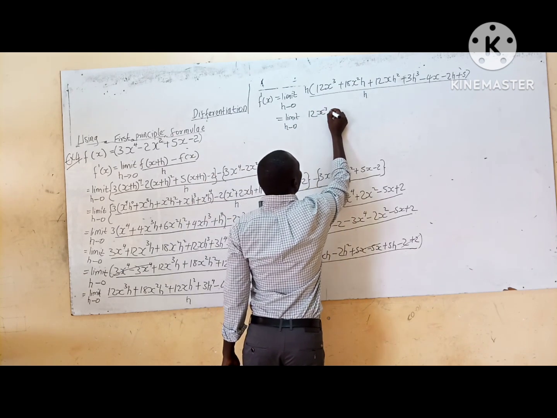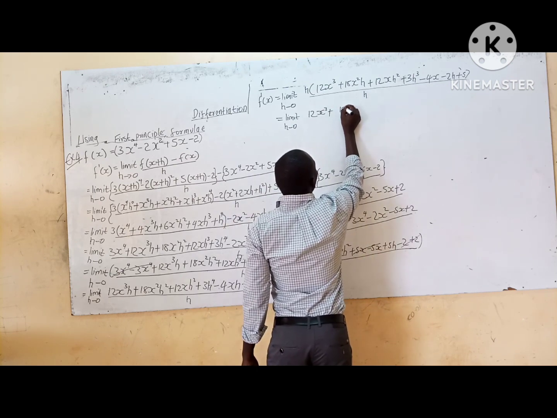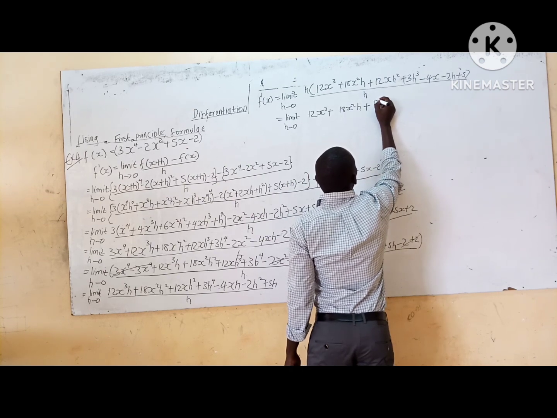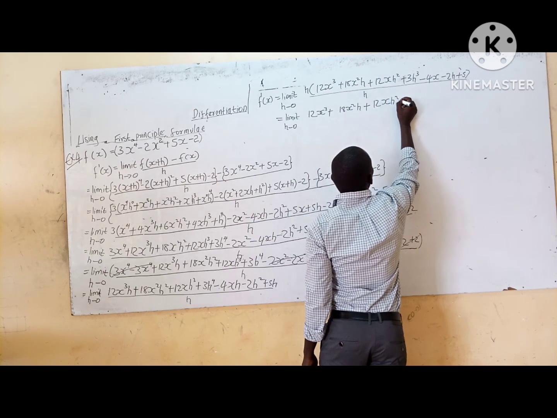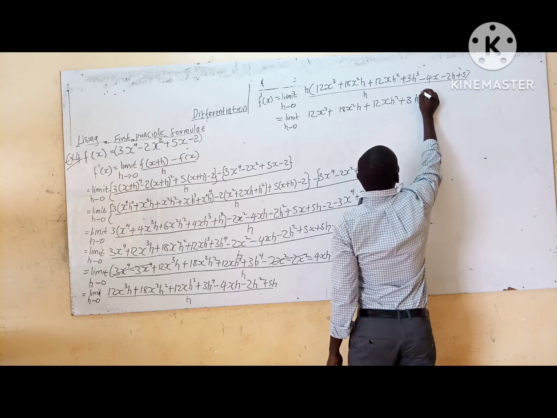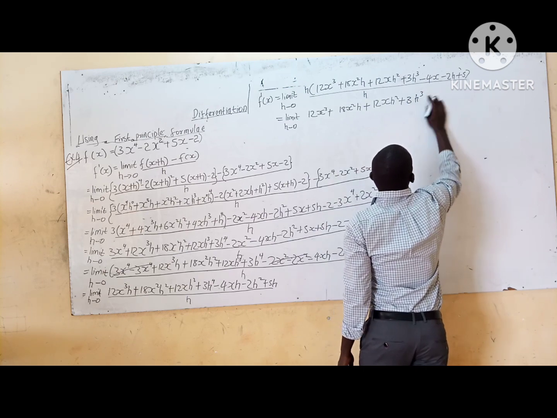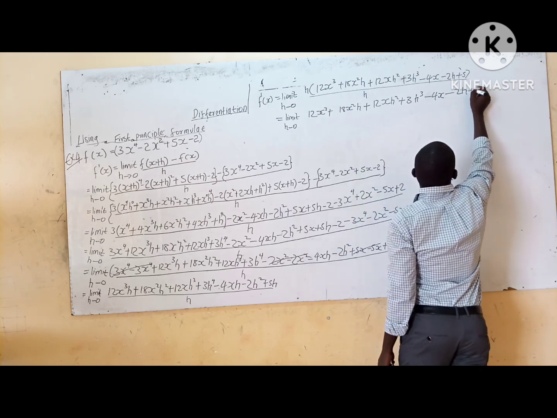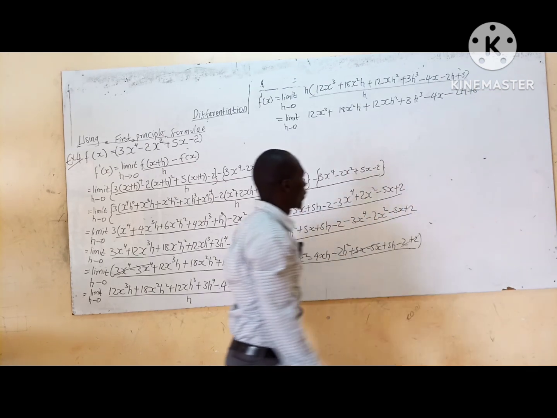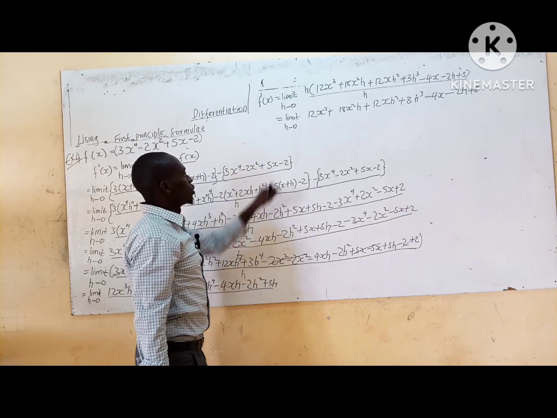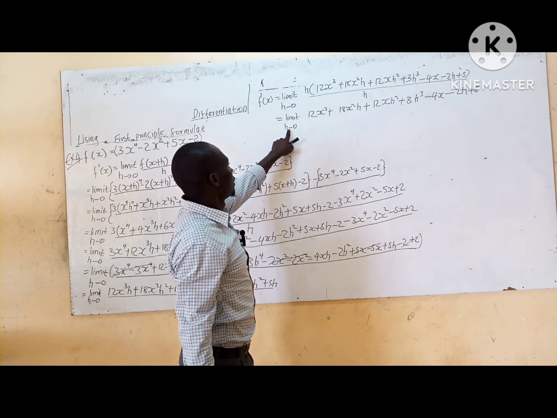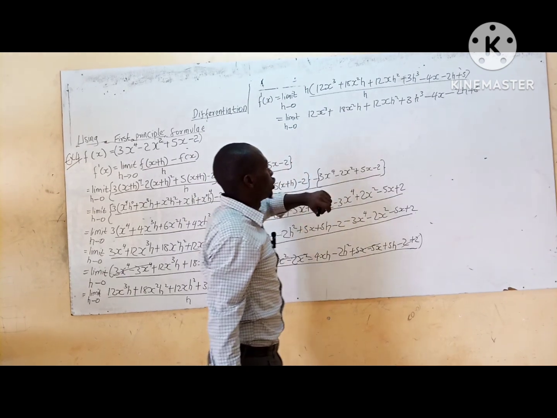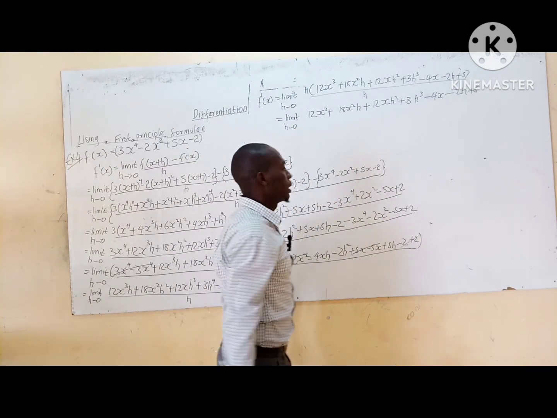We'll be having limit h approaching 0 will be 12x cubed add 18x squared h, we add 12x squared 3h cubed minus 4x minus 2h add 5. Since we say that the limit is h approaching 0, where we have a term of h in the equation we replace it with 0.